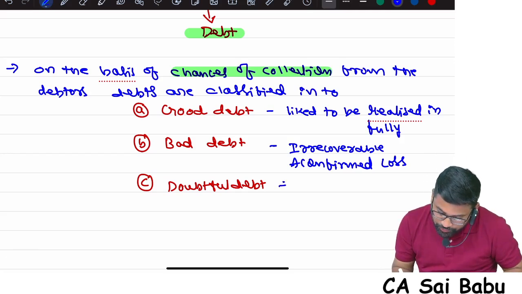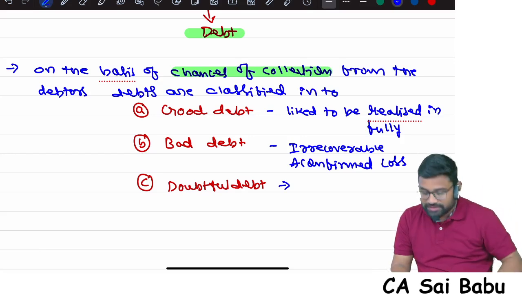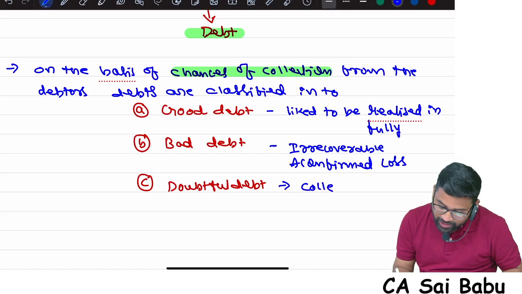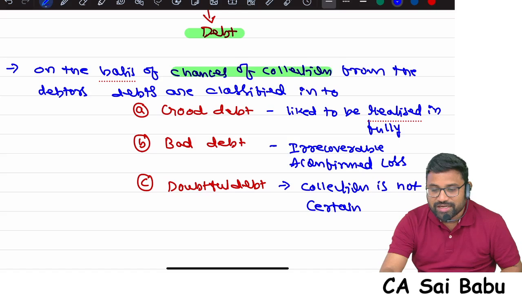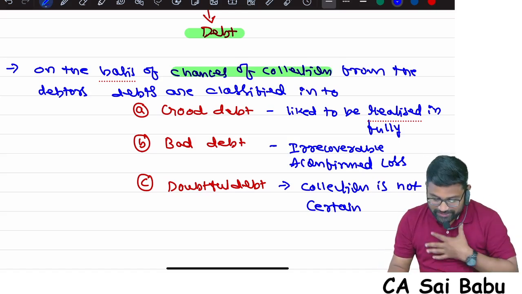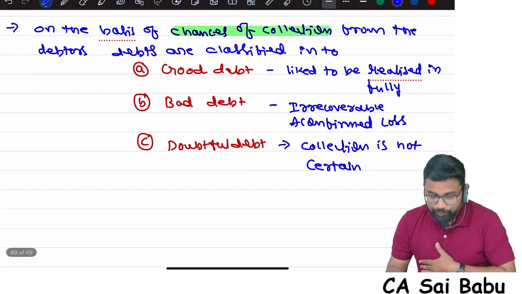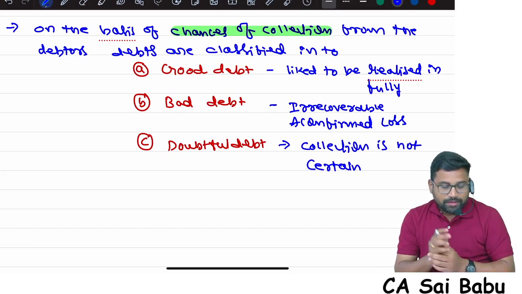And what about doubtful debt? Collectability of which is not certain. That's why it is called doubtful debt. Collection is not certain.